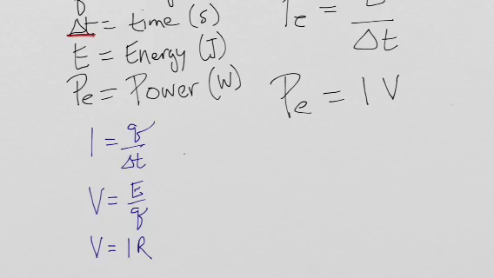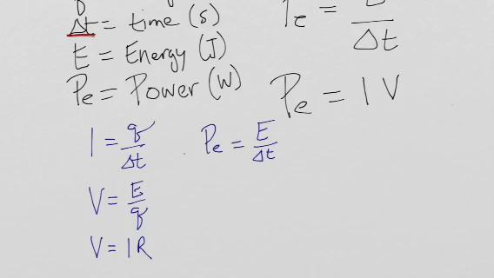Okay, and now we've also added two new equations to this mix, both dealing with power. The first one is the electrical power of a device, and that is the amount of energy that the device consumes within a certain amount of time.